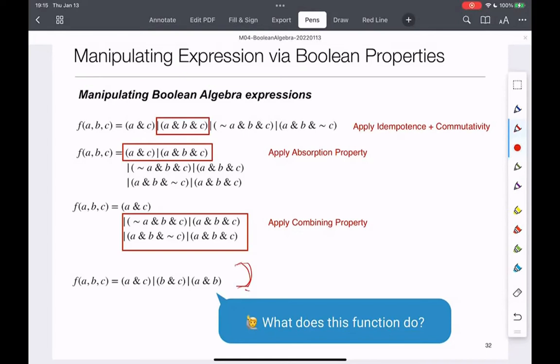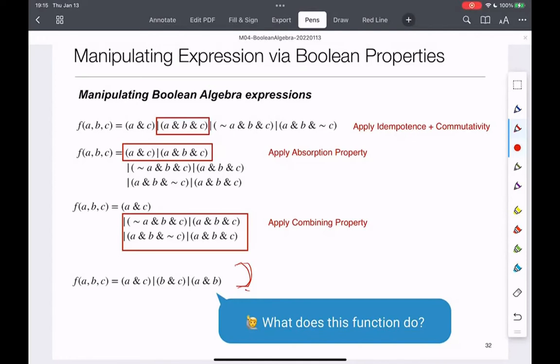It looks for a pair of ones at least, or a pair of trues. Yeah, so while it is not explicitly stated out here, it's actually doing the majority function, that a majority of inputs are 1. So it's saying both A and C are 1, or both B and C are 1, or both A and B are 1.